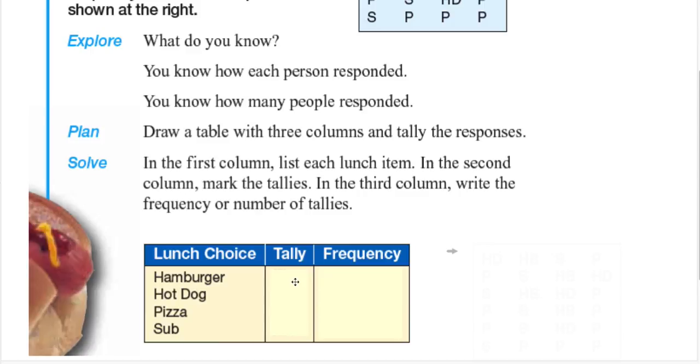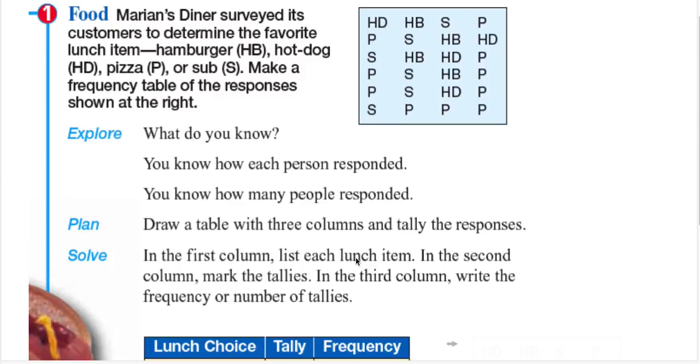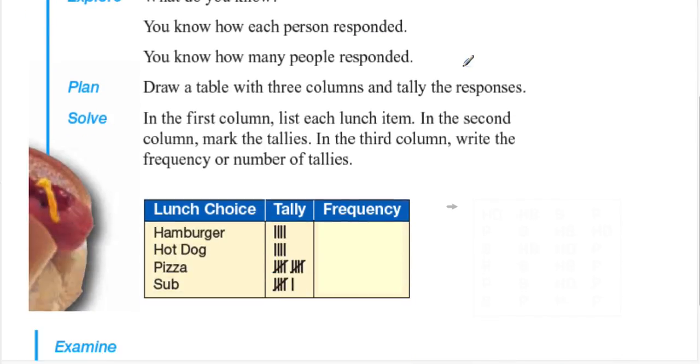The tally for hamburger would be 4. Why? Because if you count the number of hamburgers, 1, 2, 3, 4, that's the reason why the tally mark is 4, and the frequency is 4. Same with hot dog.